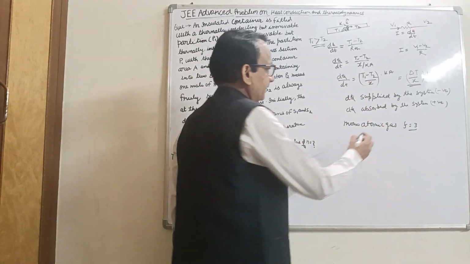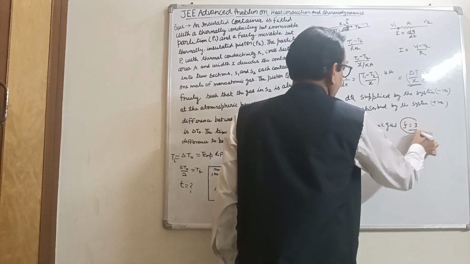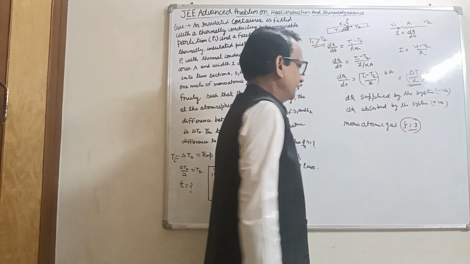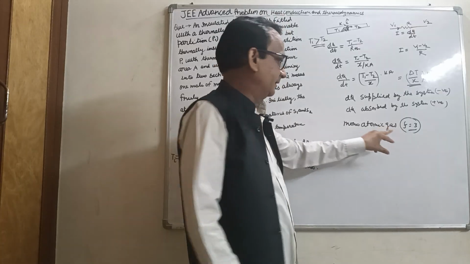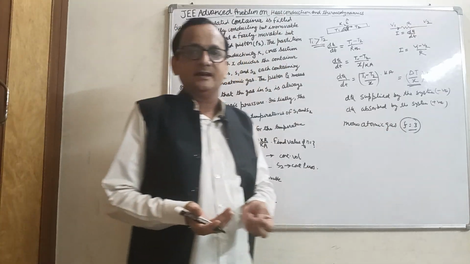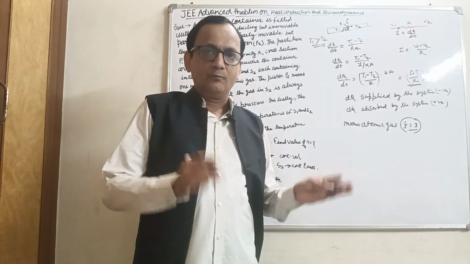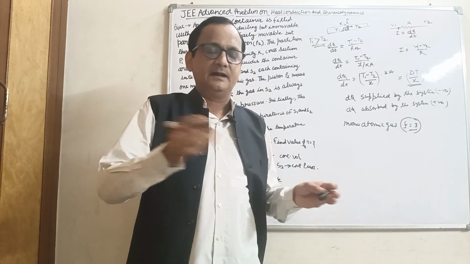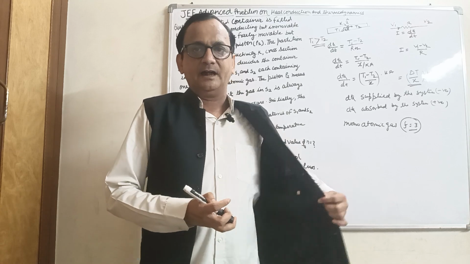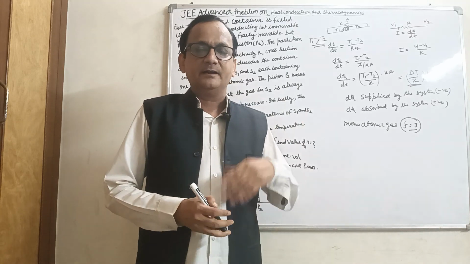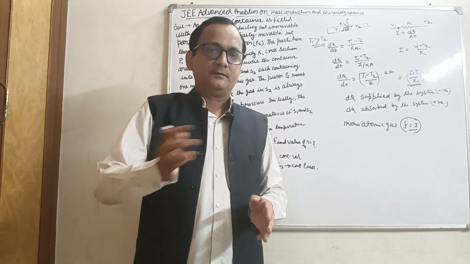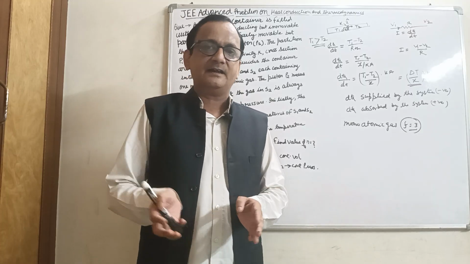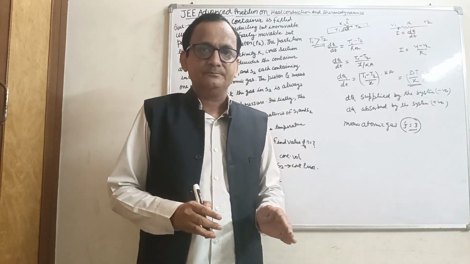For a diatomic gas the degree of freedom is 5 at room temperature, and 7 at very high temperature, near about 5000 Kelvin. For a triatomic gas the degree of freedom is 6, but for a linear gas like carbon dioxide, the degree of freedom would be 5.